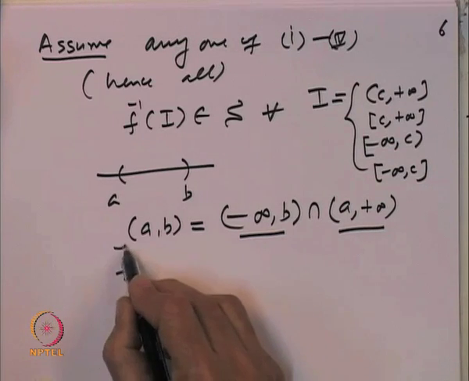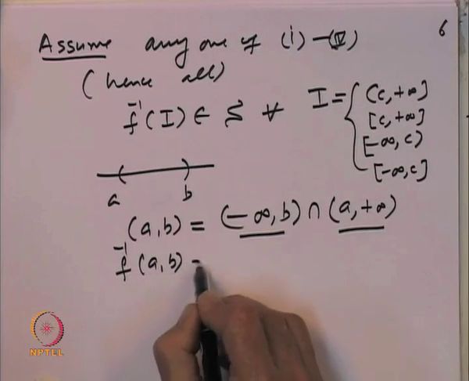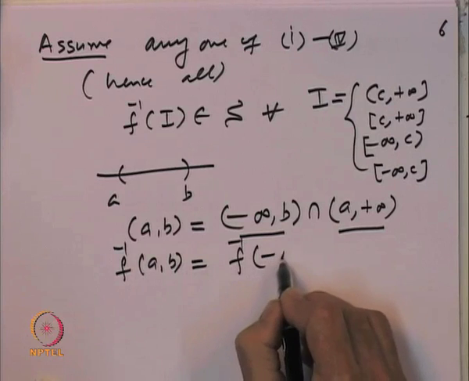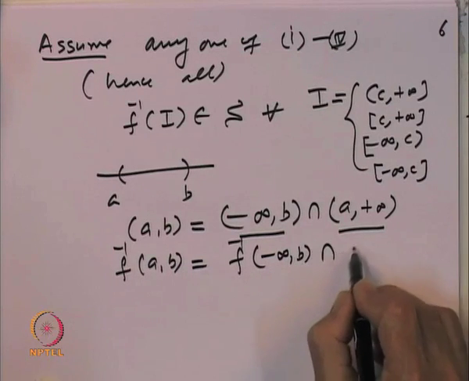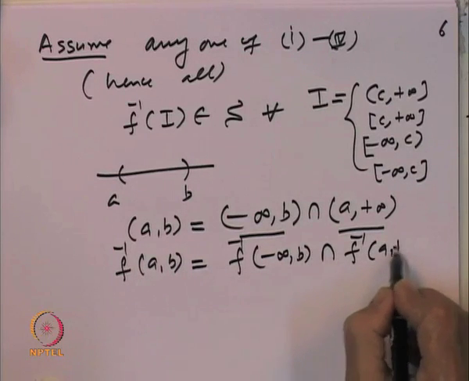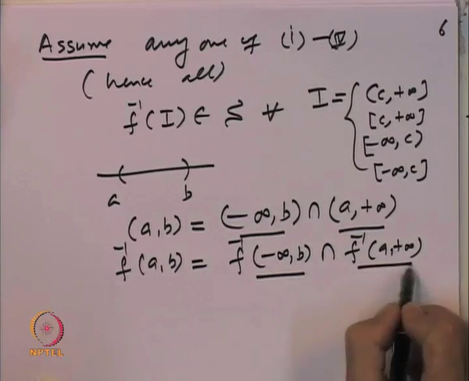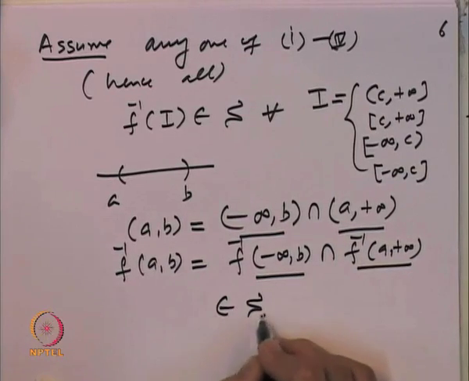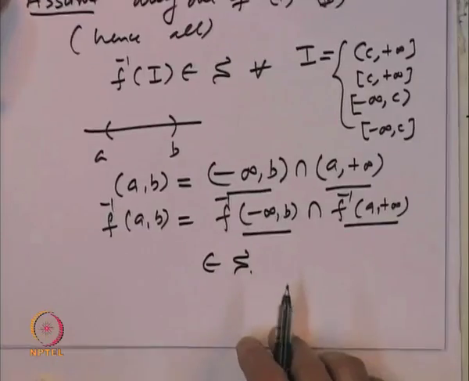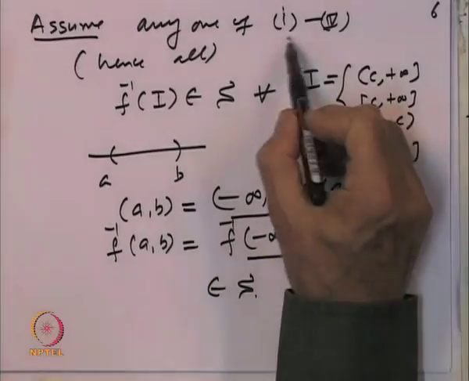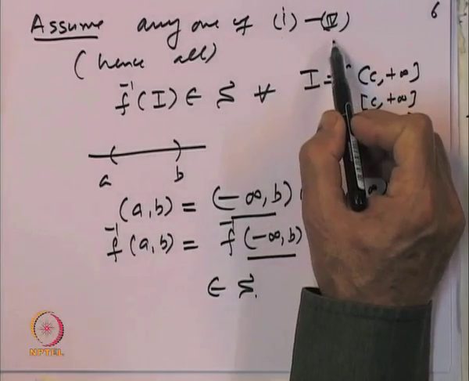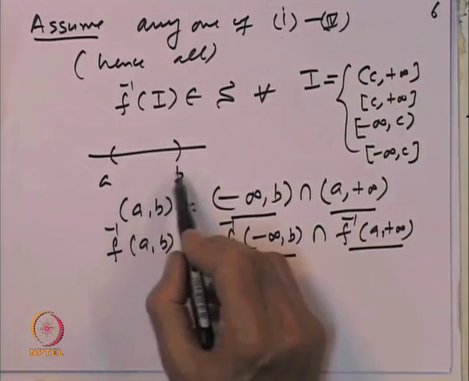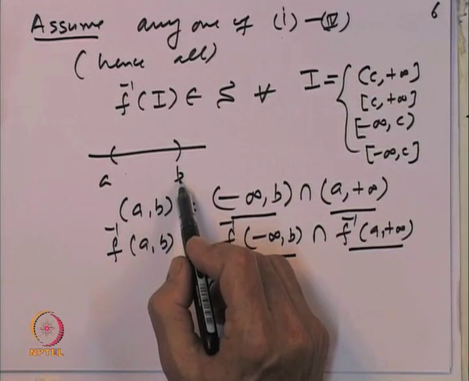So, that will give us that the inverse image of a b is equal to f inverse of minus infinity to b intersection f inverse of a to plus infinity, and both belong to the sigma algebra. So, this will belong to the sigma algebra S. So, what I am trying to say is that any one of the statements 1 to 4 implies that the inverse image of every open interval also belongs.